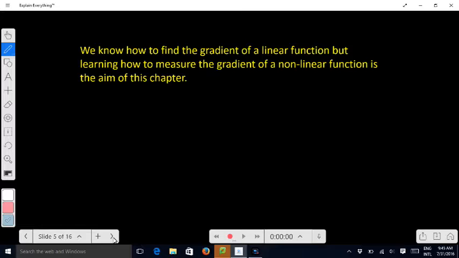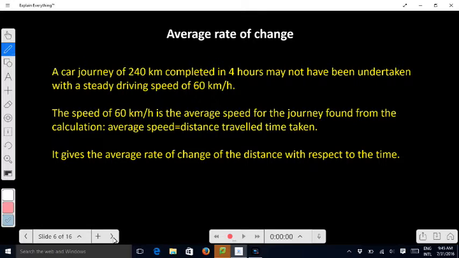We know how to find the gradient of a linear function, and learning how to measure the gradient of a nonlinear function is what we're going to be doing in this chapter. The average rate of change. So we've got the example: a car journey of 240 k's completed in 4 hours may not have been undertaken with a steady driving speed of 60 k's per hour.